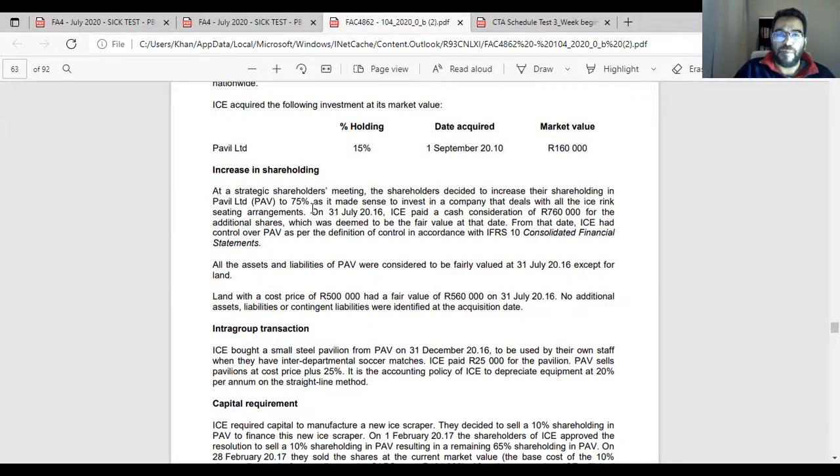Before the change in ownership, from 1 April 2016 up until 31 July 2016, we had a normal investment. So therefore the accounting treatment in the income statement would be IFRS 9. From 31 July 2016, or let's say 1 August, up until 31 March 2017, those 8 months, we have control, and therefore for those 8 months in the income statement, we will have to consolidate.